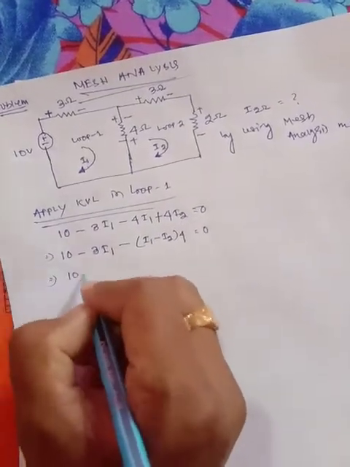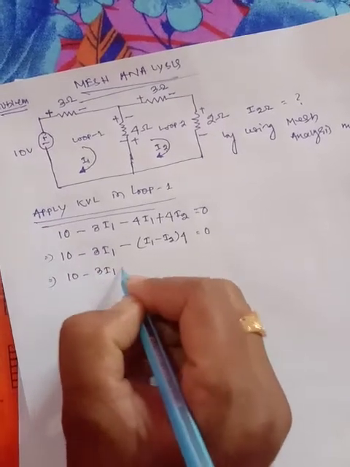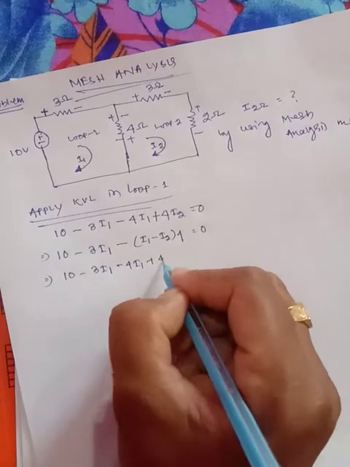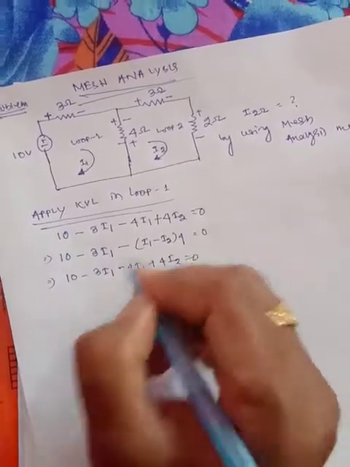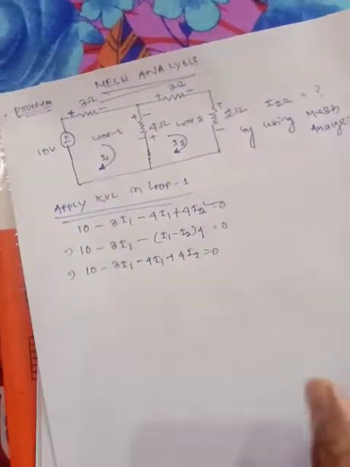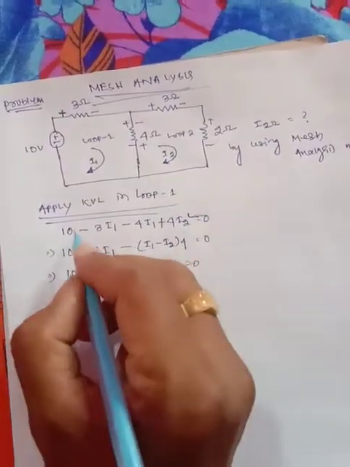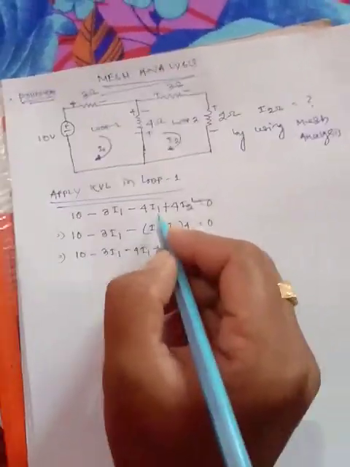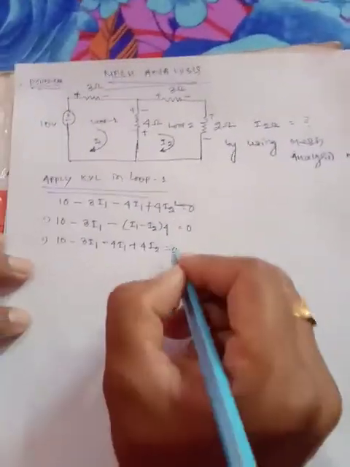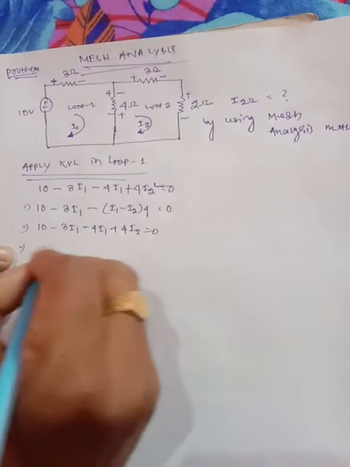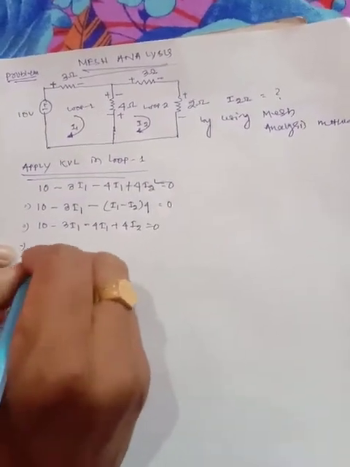So 10 minus 3I1 minus 4I1 plus 4I2 equals 0. Simplifying 3I1 and 4I1, that is 7.